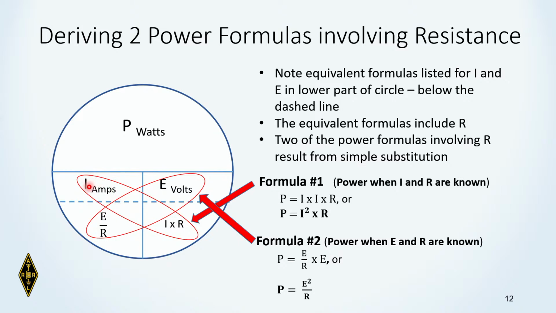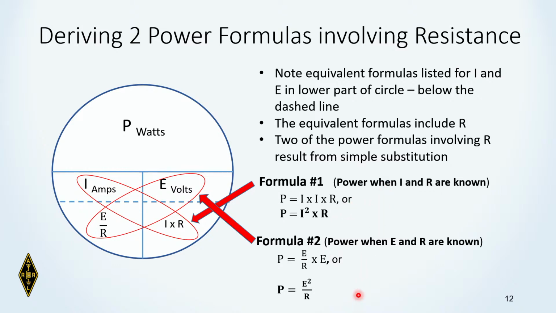We know I, and rather than using E, because we've got an R, this formula could be written as P equals I times R. So what we've done is substituted this equivalent expression for E. So that becomes power equals I times R, or I squared R. That's how that one is derived. So it's power when I and R are known.